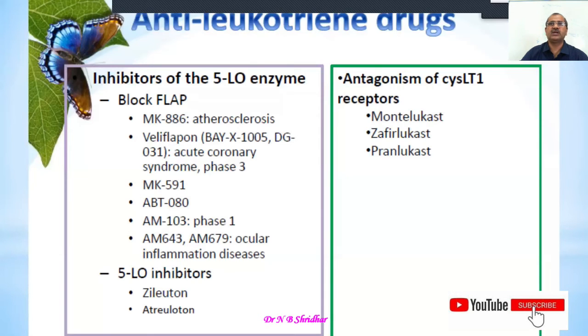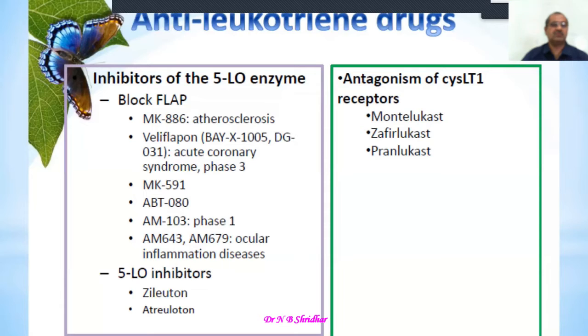So see here, so many anti-leukotriene drugs are there. Of course, the inhibitors of the 5-lipoxygenase enzyme, and they block the FLAP, and so many drugs like MK886, which can be used in atherosclerosis, and veliflapone, and many other drugs are there.